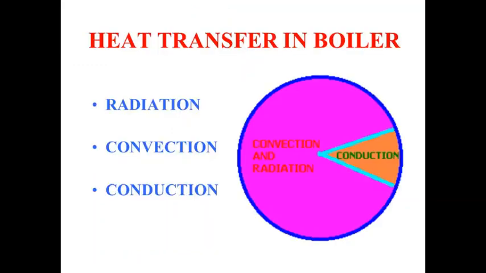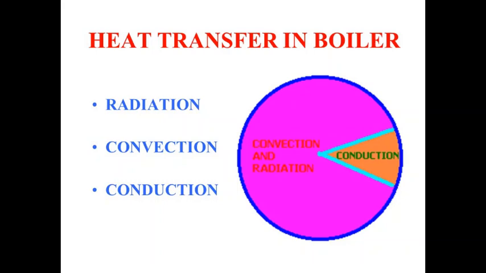Within the boiler furnace, if we see the different types of heat transfer, there are three modes: radiation, convection and conduction. But the amount of heat transfer due to conduction is very minimal, around 20 to 22%, and the remaining 78-80% of the heat is transferred either by radiation or convection.